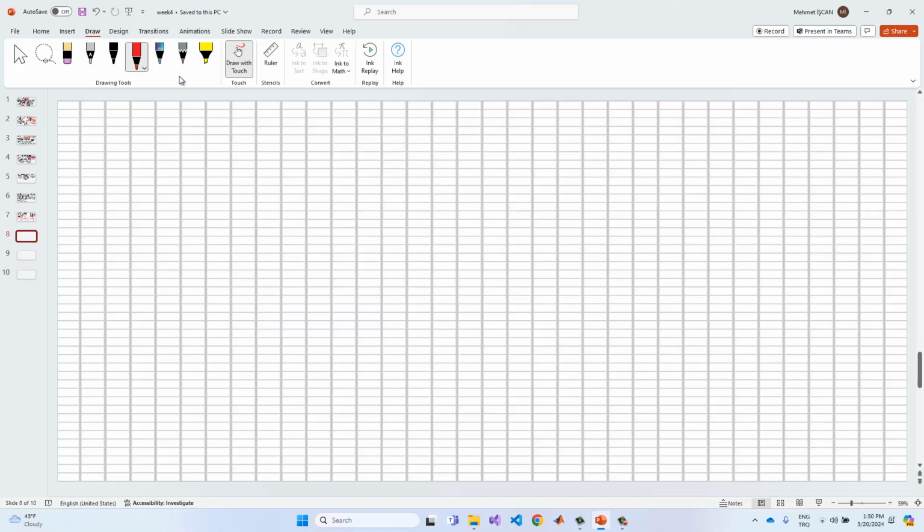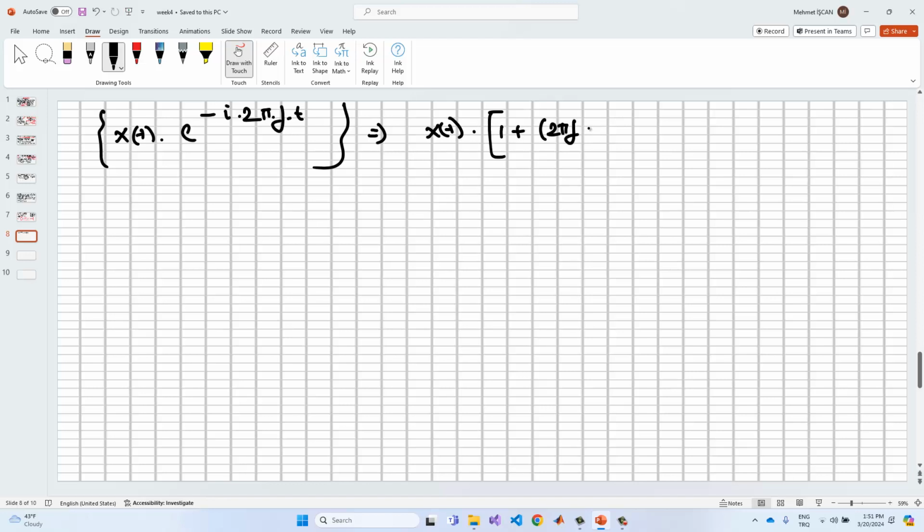Because just see that if we have this information in here, e^(i 2 pi f t), and if we expand this form in here with the Taylor coefficient, just like this one, x(t) times 1 plus 2 pi f i t plus (2 pi f i)^2 t^2 over 2 factorial plus (2 pi f i)^3 t^3 over 3 factorial plus blah blah blah.